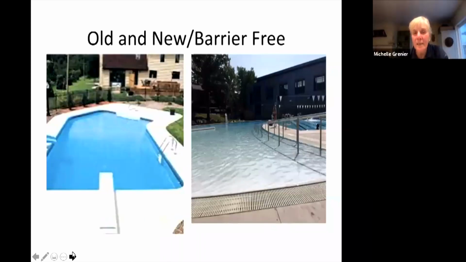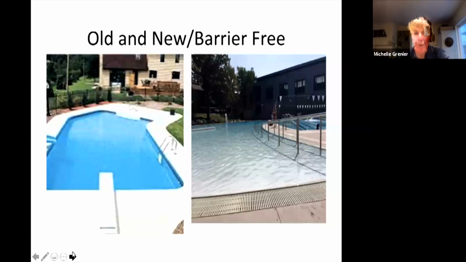And again, as Lauren had mentioned, UDL emerged from the field of architecture. And when you think about architecture, it's like, how can we access buildings? And I want you to take a look at these two pools. The one on the left is a little older style pool.